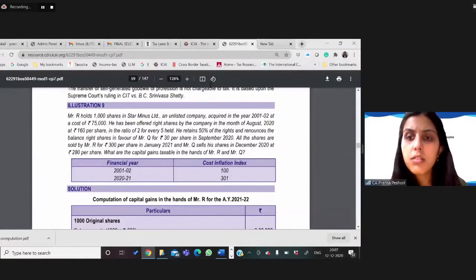Ambika, your answer, you are saying first for 200 shares. I didn't get your answer properly, Ambika. No, it's not the correct answer, Ambika. Kunal has computed right.